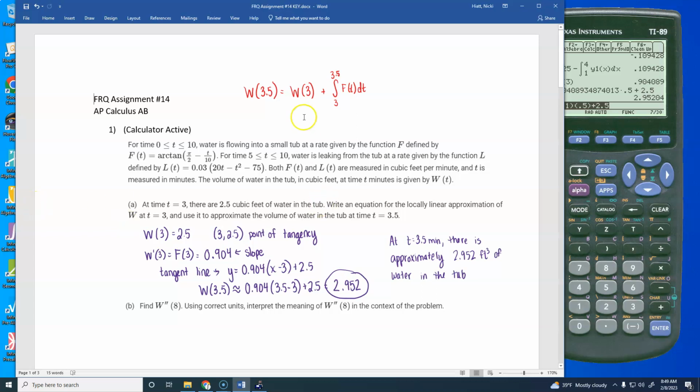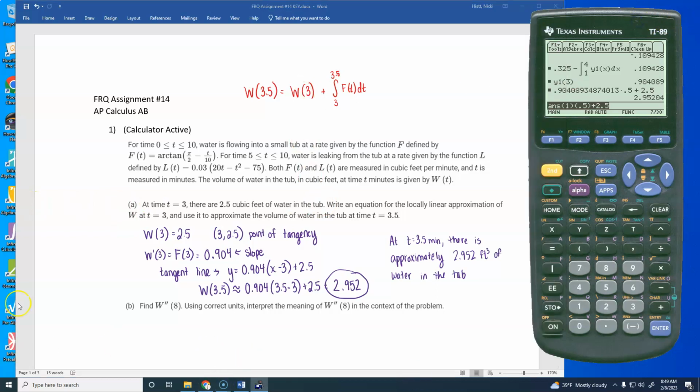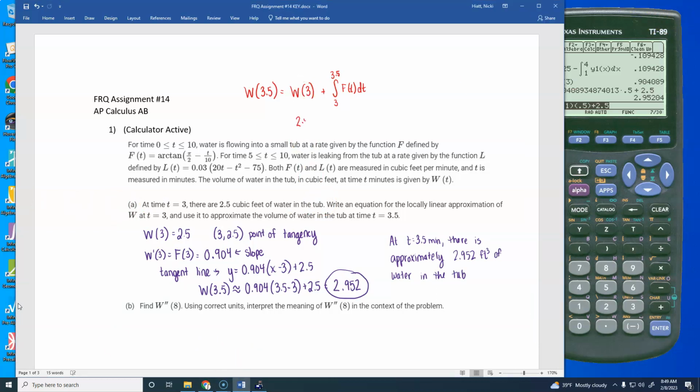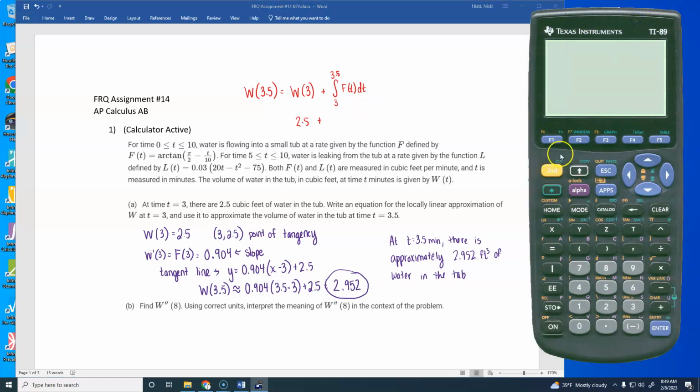So if I did that on the calculator, W of 3 is 2.5, and then if I integrate y1 of x, comma 3, comma 3.5, I should have hit that green button.